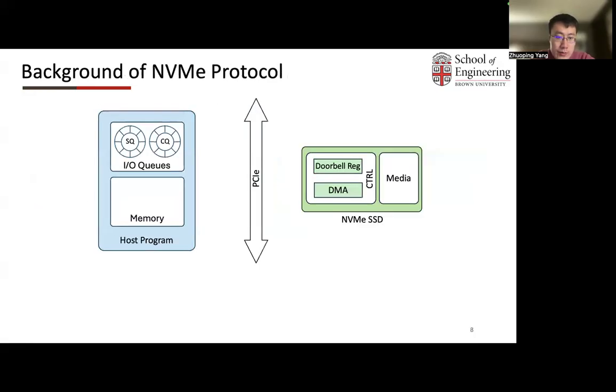Before jumping into the details of the AGILE system, we can take a look at the NVMe protocol. Assume we have a CPU and an SSD, which are connected by the PCIe interface. On the CPU, we run a host program, which is going to read some data from the SSD. At the beginning, we need to allocate some contiguous buffer inside the memory and submit a command based on the contiguous buffer to the submission queue, or SQ, inside the host program's memory.